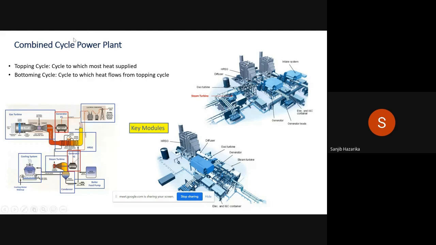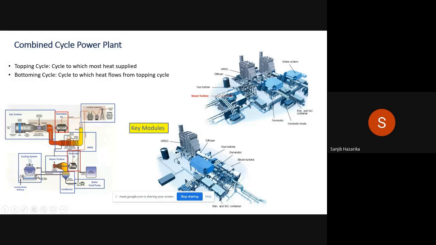I think it's very well known that a combined cycle power plant has a topping cycle and a bottoming cycle. The topping cycle is the gas turbine part, which uses natural gas fuel and produces electricity through the generator, and then it produces waste heat or exhaust that is used in a waste heat recovery generator, and that ultimately is used to run a steam turbine.